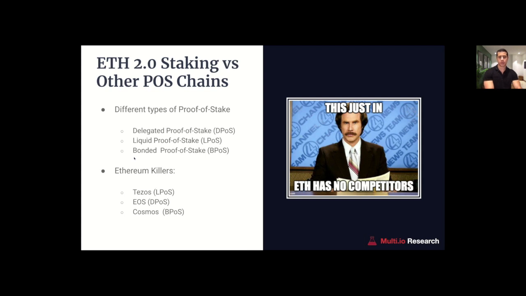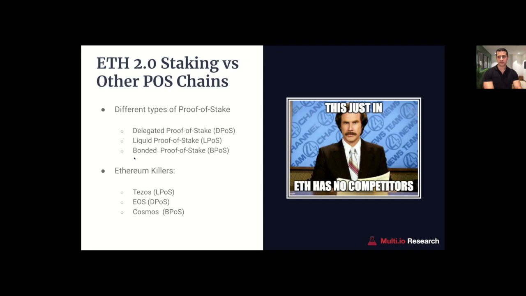And this brings us to the third proof of stake blockchain, or at least the most popular ones, Cosmos, which raised $17 million that quickly turned to over $100 million in the 2017 bull market. They're building what's called bonded proof of stake.